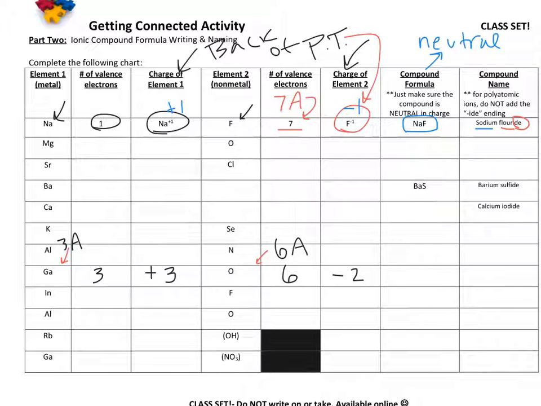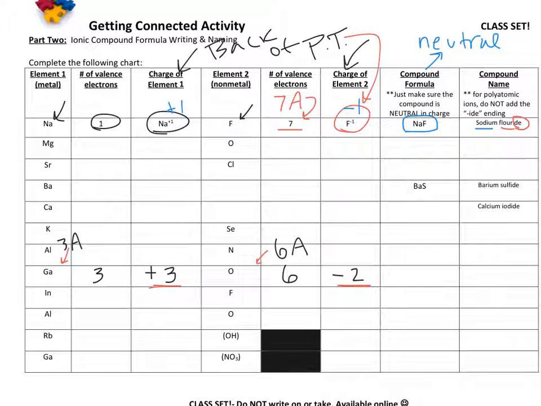Again, verify that on the back of your periodic table where you can see the periodic table of ions. Okay, so this time we can see that we've got a +3 and a -2, and those do not add up to 0. They do not cancel each other out. So the net charge there is a +1, and we cannot have a net charge.